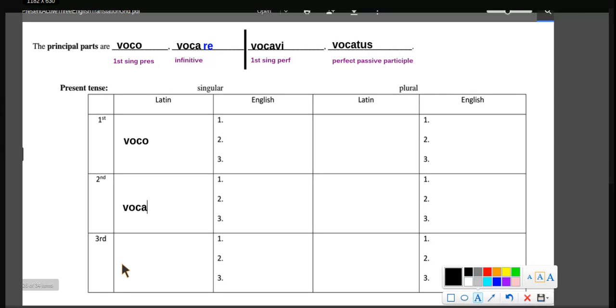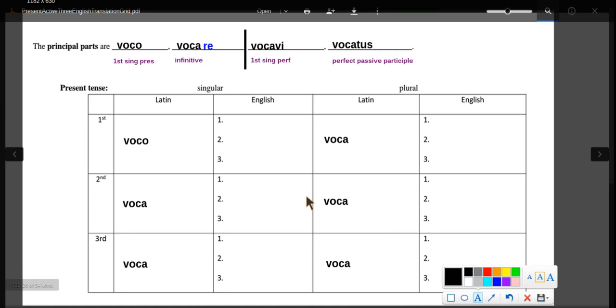Okay. Now, just like with declension, you can go through your boxes here and fill it in with your stem. And you've already guessed what you do next is you add certain endings onto the stem, and then you have your completed forms. Now, the ending you add on to your second singular form for your personal ending is an S. So we have vocas.